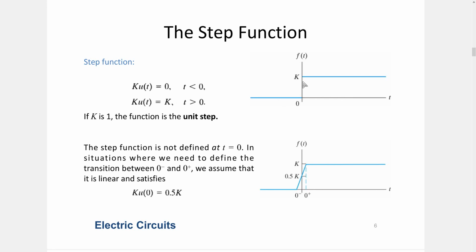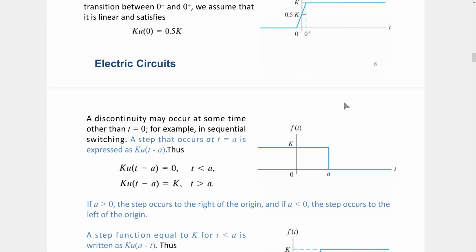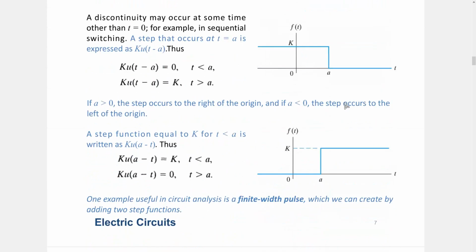So it's pretty elastic for us. It can be positioned anywhere in time versus amplitude axes. Now, since it's flexible and it can be shifted in time, the discontinuity may occur at some time other than t equals 0. So as I mentioned, we can simply shift this function.